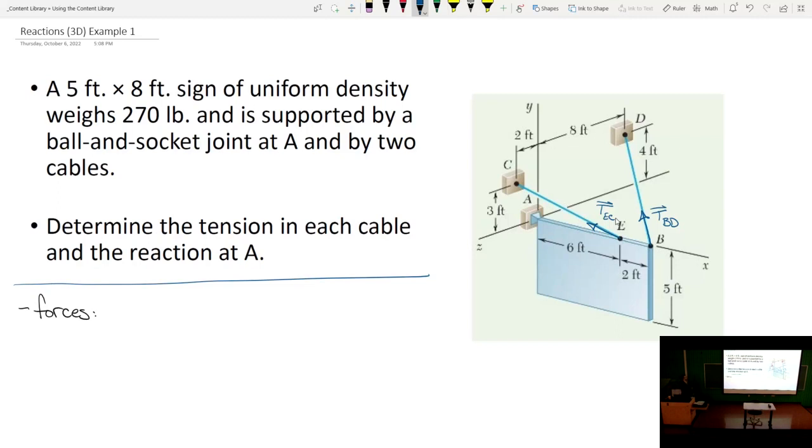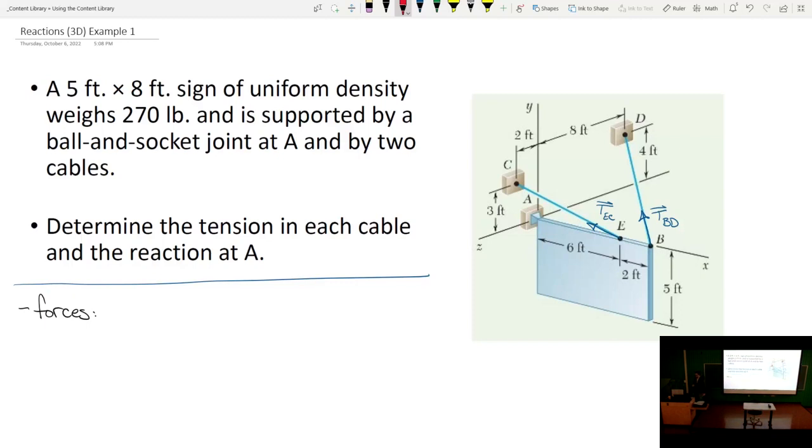Now there's 2 other forces that we need to consider. The first is the weight of the sign. Now, I'm going to throw a little concept at you. Let's talk about the 270 pounds. What direction is that 270 pounds going to act? Is it along the X, the Y, or the Z axis? The Y. It's acting downwards. But where do I place that force vector?